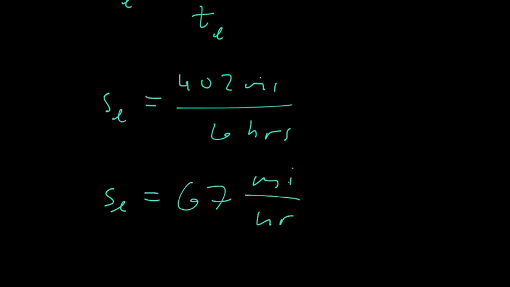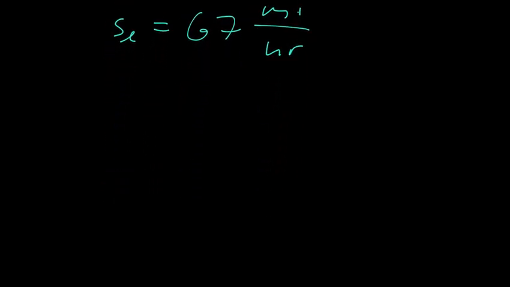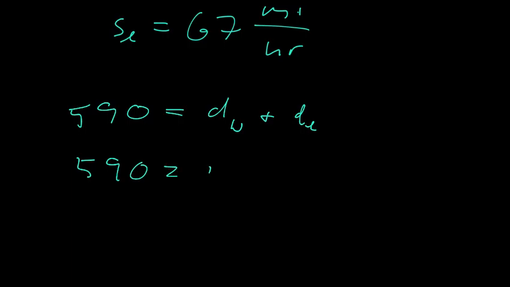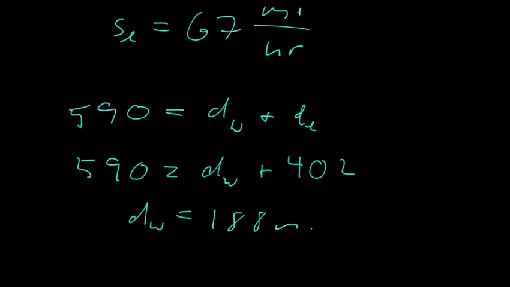Alright, let's go ahead and check our work. We know the total distance traveled is 590 miles, and that's equal to the distance traveled on the winding road plus the distance traveled on the level road, or 590 equals the distance on the winding road plus 402 miles. Subtracting 402 from both sides, the distance traveled on the winding road is 188 miles.